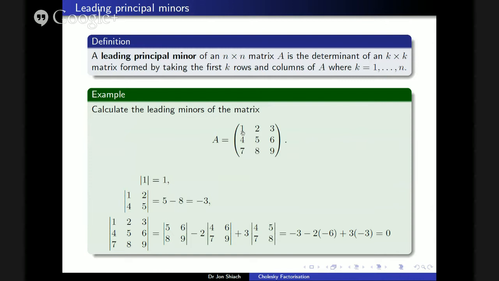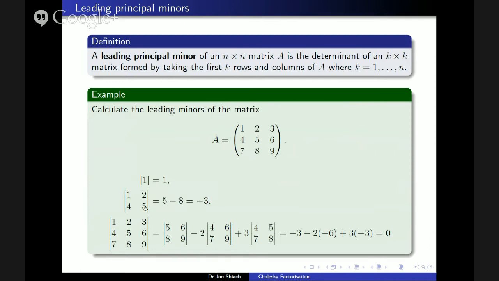These are the determinant of the first row, first column. So we can make a matrix which has one element, the element in the first row, first column of A, calculate its determinant, and the first leading minor is 1. If we take the first 2 rows and 2 columns, we have the matrix 1, 2, 4, 5.